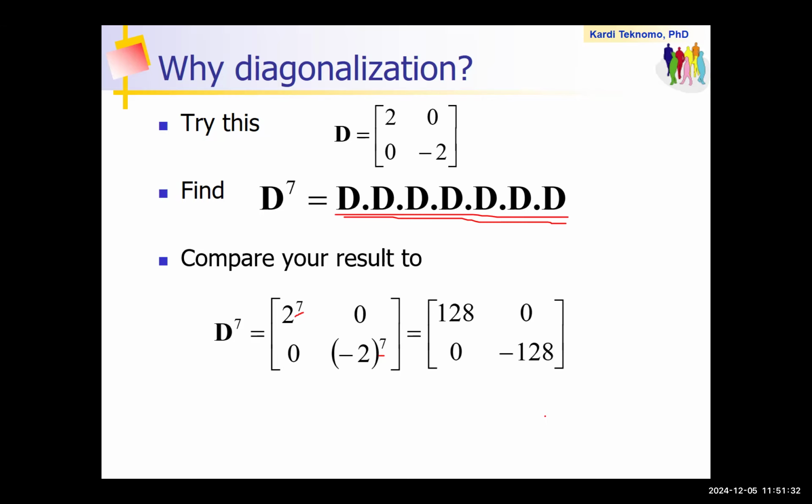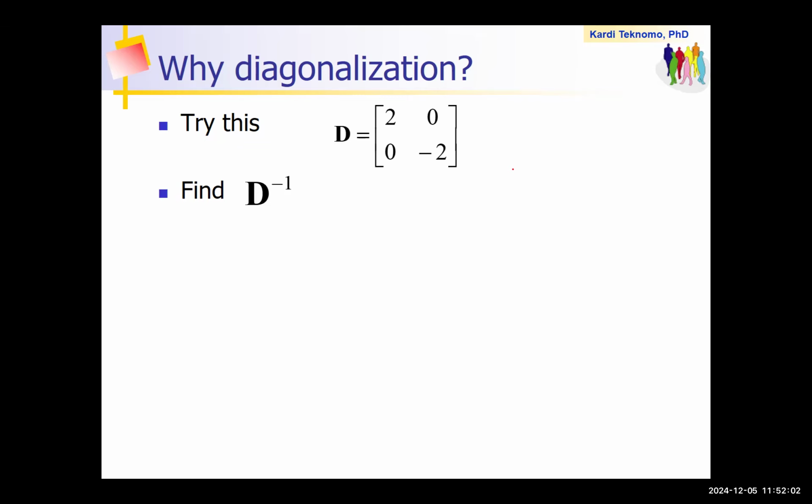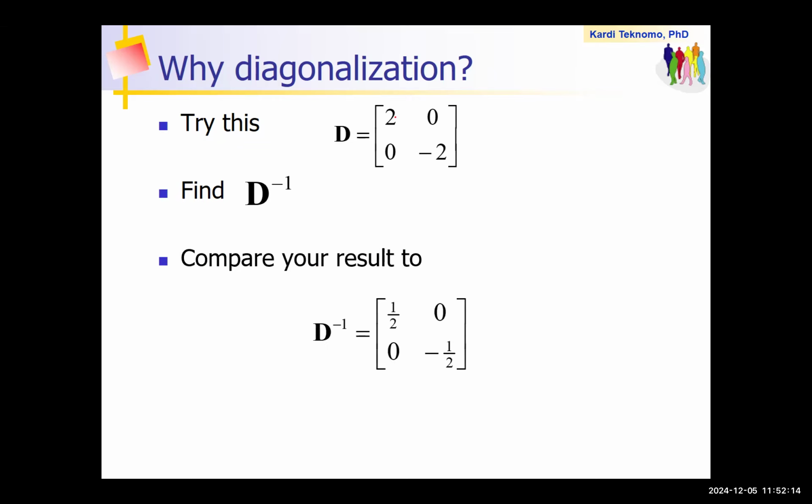For example, this one. What is the diagonal? I already have D with this diagonal matrix. I want to get the inverse. How to get the inverse? Easy. The inverse is just 1 over. So the result is just 1 over 2, and then this one is minus 1 over 2. As simple as that.